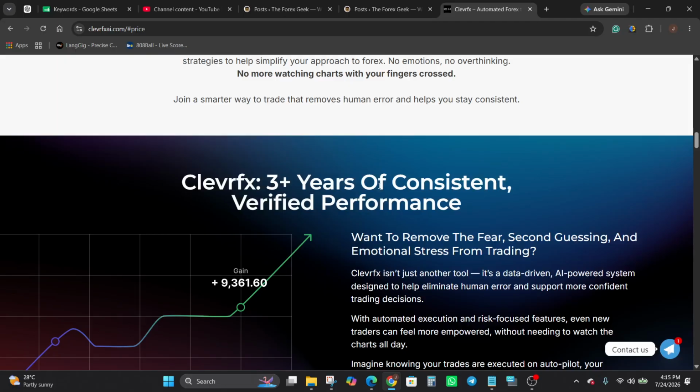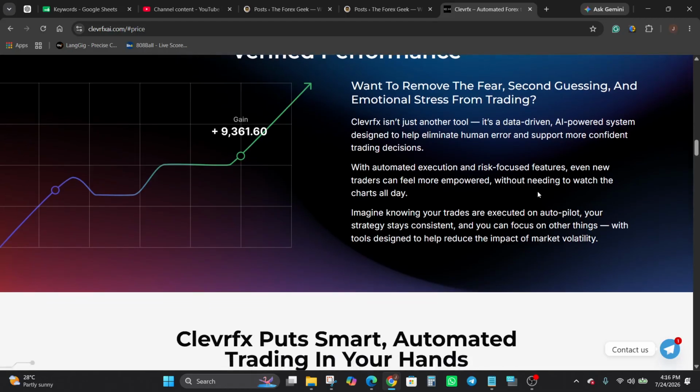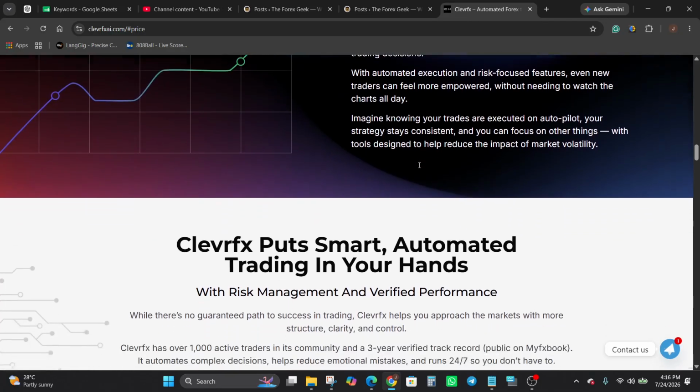Real world trading outcomes can vary significantly depending on broker execution, live spreads, slippage, lot size settings, and overall market conditions. So here we are seeing that Clevrfx is not just a tool, it is a data driven, AI powered system designed to help eliminate human error and support more confident trading decisions.